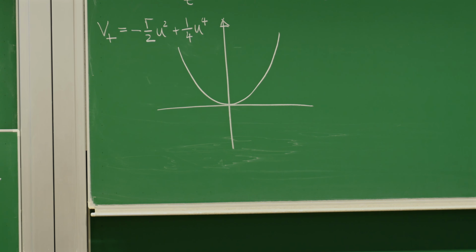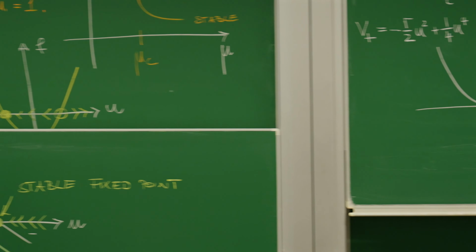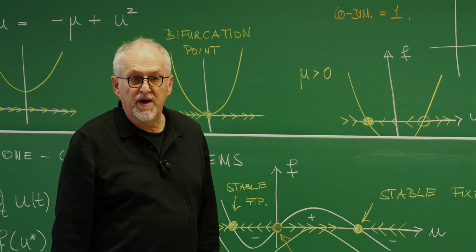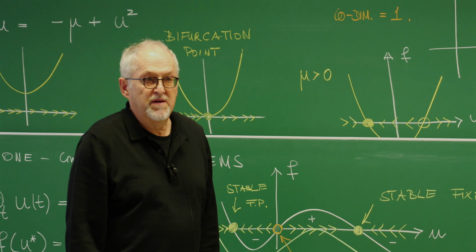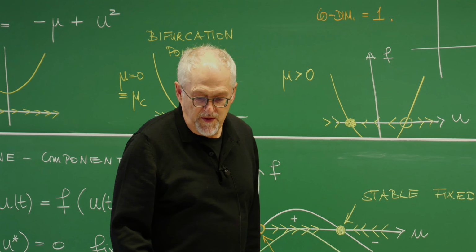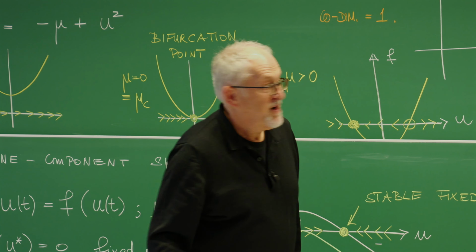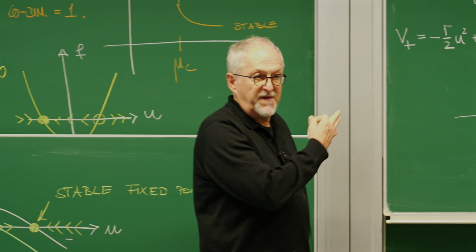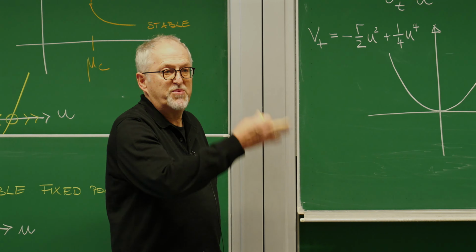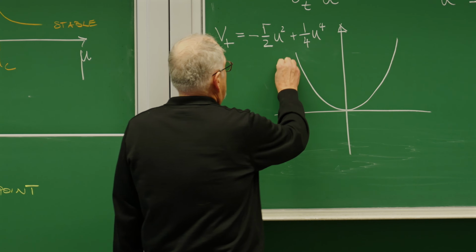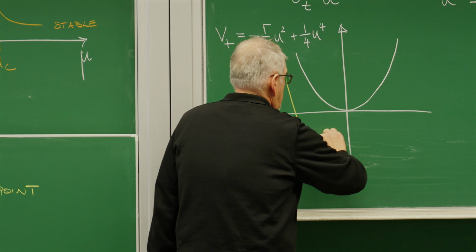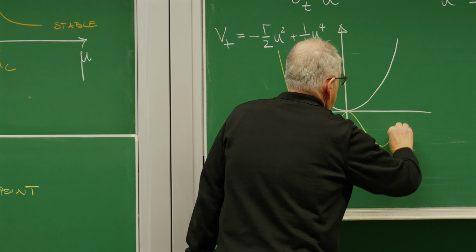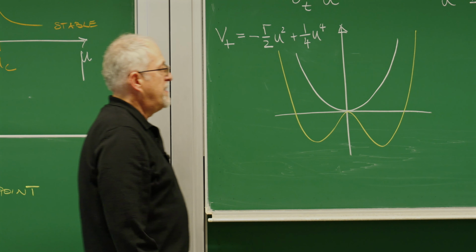That is now for r being negative, right? So I changed the signs. Now there's only one fixed point. As I change r going to 0, the parabola will open up to the bottom, but the u to the 4th term will still pull you up at the ends. So this will have this double well structure.